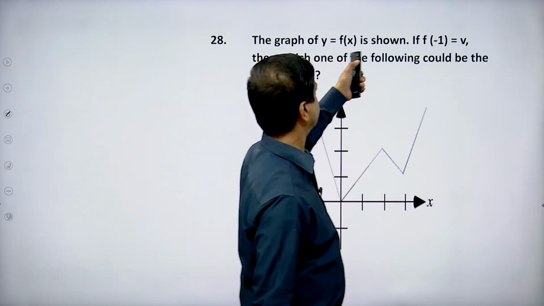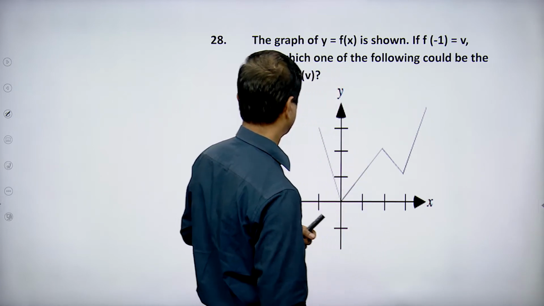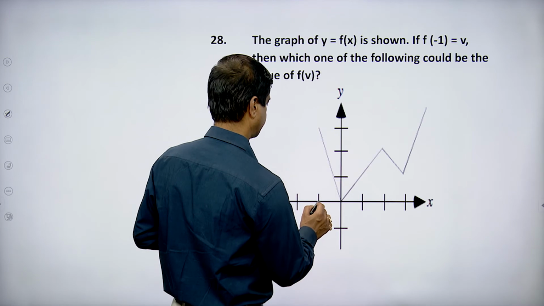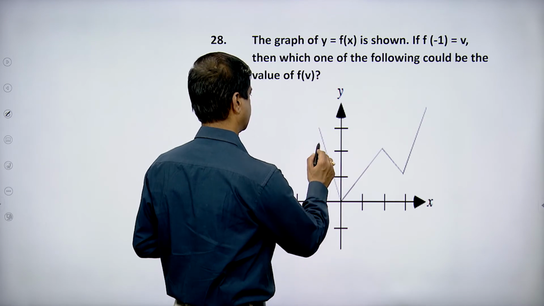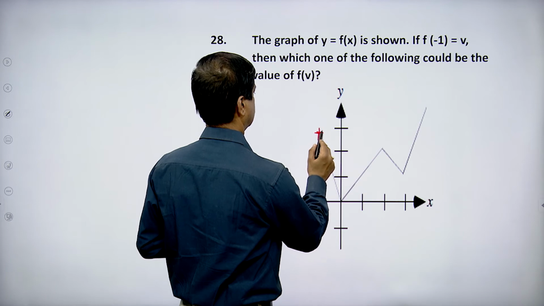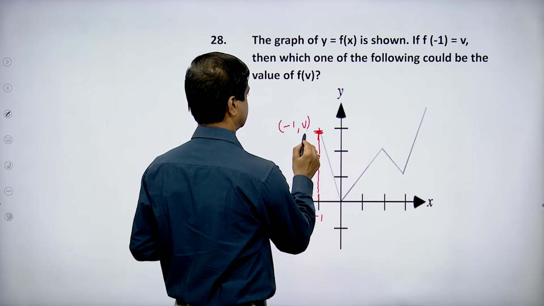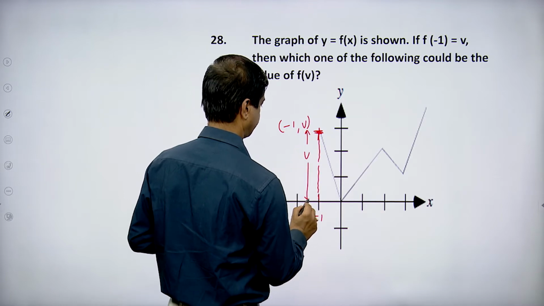The graph of y equal to f of x is shown. f of minus 1 is v. So minus 1 means this, no? Draw a vertical line. So this is this point. This is minus 1 comma v, which means this length is v units.